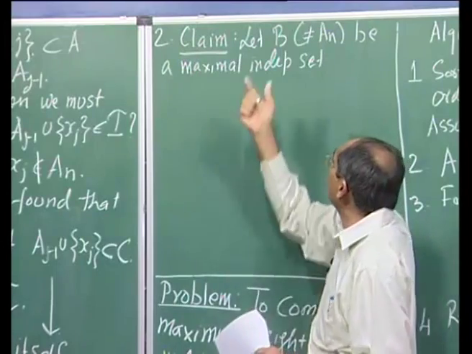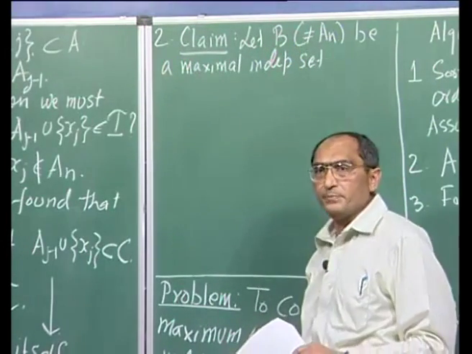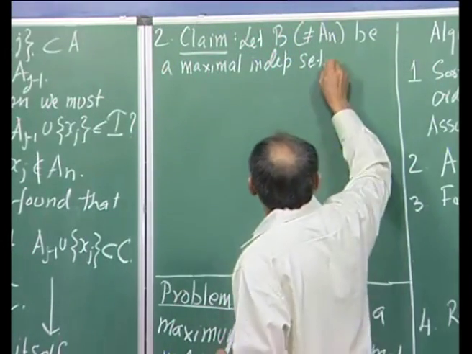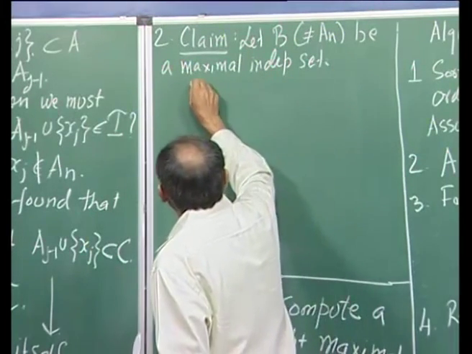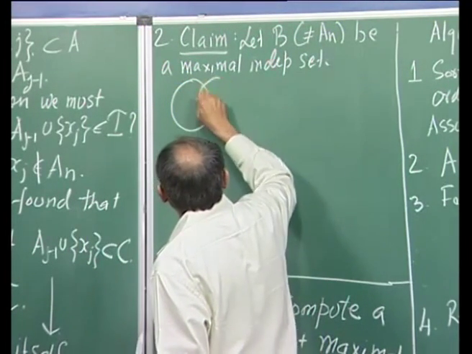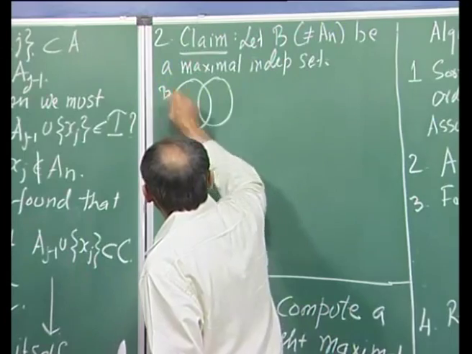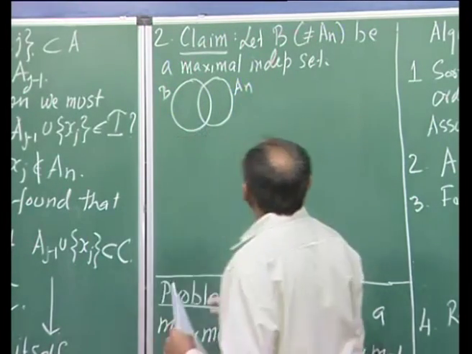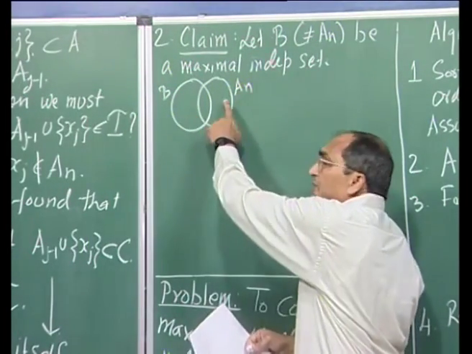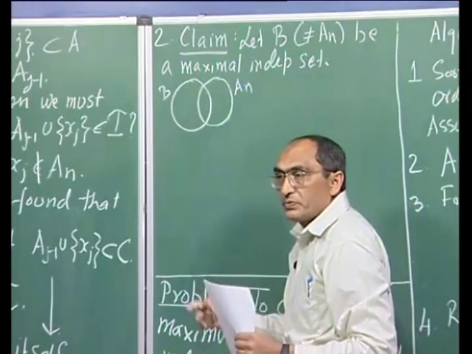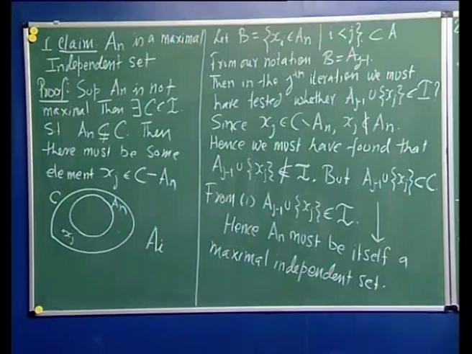So, I have some another maximal independent set B. Let us just draw the picture here. Of course, both of these sets have the same cardinality, because we have already claimed that all maximal independent sets have the same cardinality.